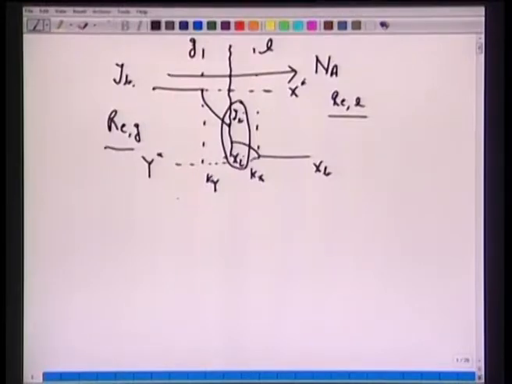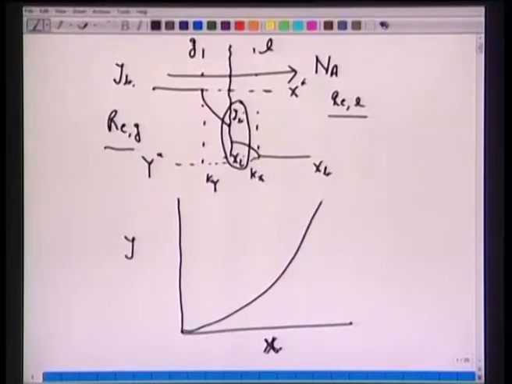Corresponding to this, if we draw the line Y versus X in mole fractions, we have the equilibrium curve, say solubility data, Y as a function of X. We mark on the bulk concentrations, YB and XB.